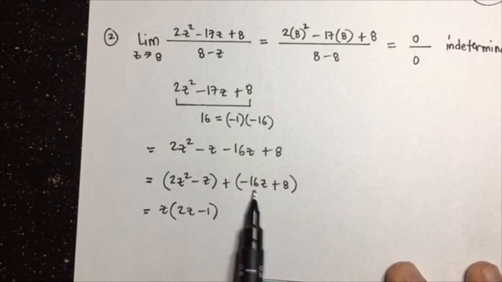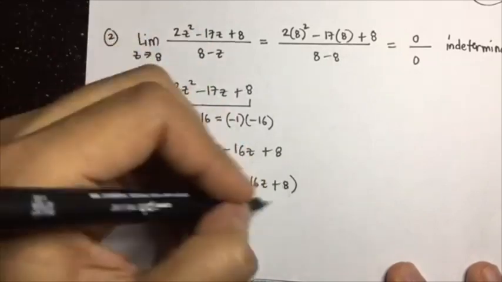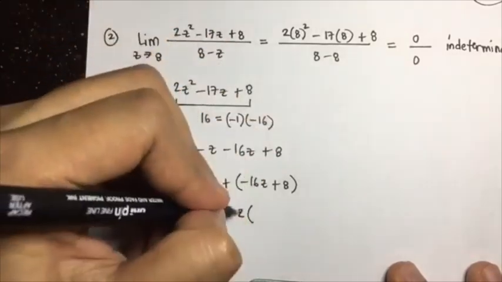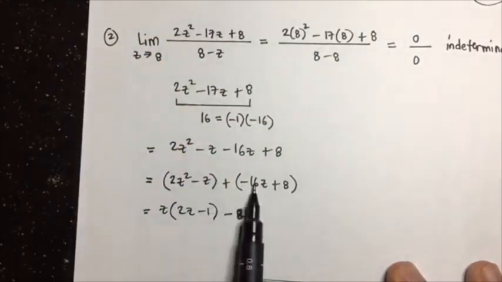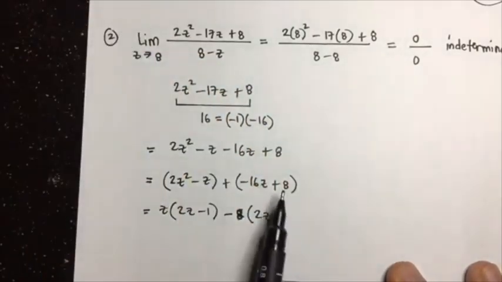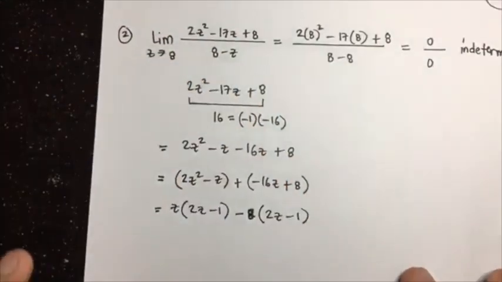For the second group, we factor out negative 8, the greatest common factor. What remains is positive 2z, and 8 divided by negative 8 is negative 1.